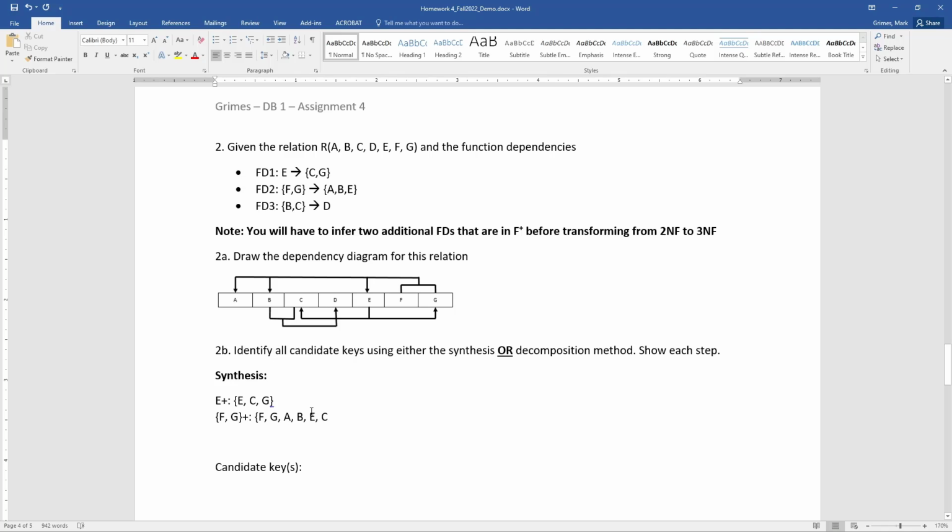And so this is getting very close. A, B, C, E, F, G. So we just need D. And since we can functionally determine C, we now have both B and C, which together functionally determine D.